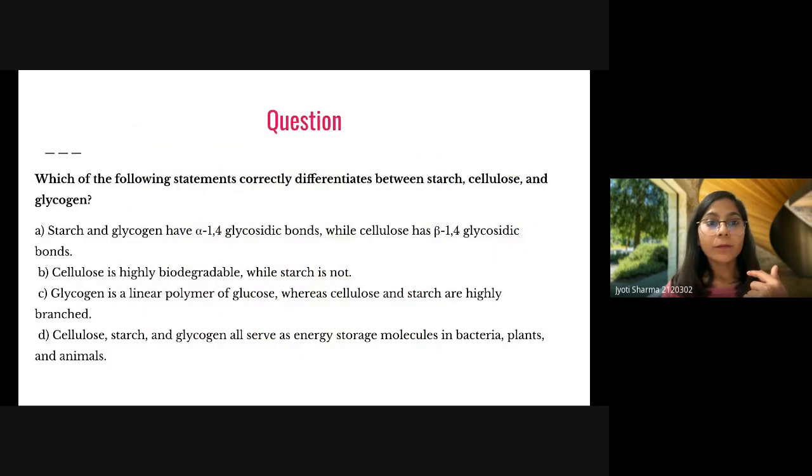Anyway, so the next question is... right now we are just talking about the biochemistry, because whenever we are talking about the cell wall, cell membrane, or mitochondria, or chloroplast, or nucleus, first we have to know the basic structure of each of these components. So if we are talking about the nucleus, then what kind of chemical or component is it made up of?